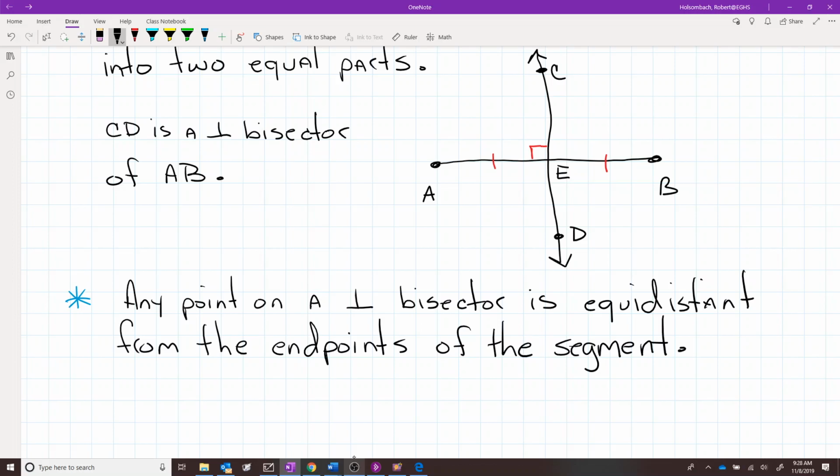So point C up here is on the perpendicular bisector. So what this definition means is that point C is the same distance from A as it is from B. So this here is also true. AC is congruent to CB.